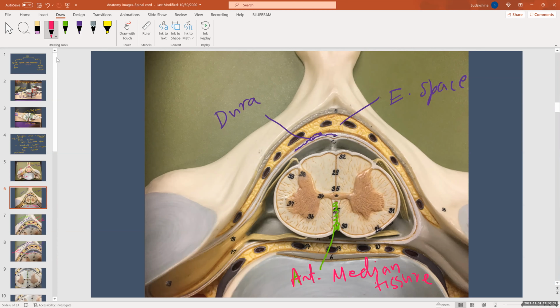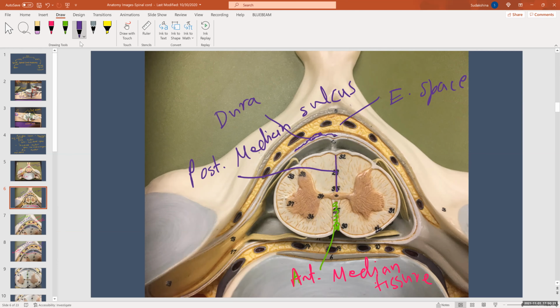What would we call this one then? Shallow groove. Appropriately, posterior median sulcus.